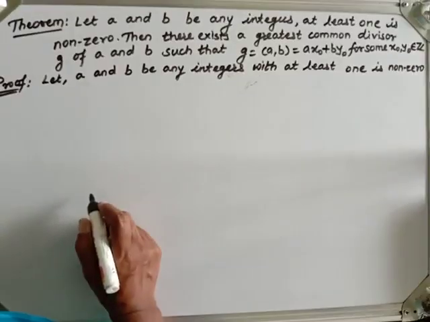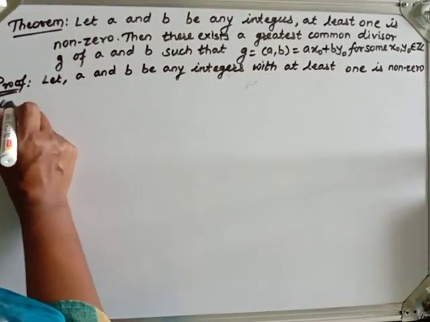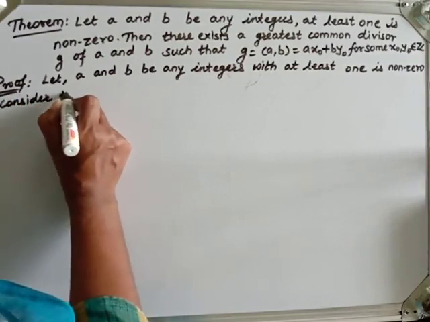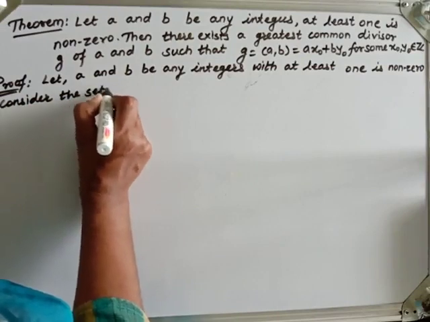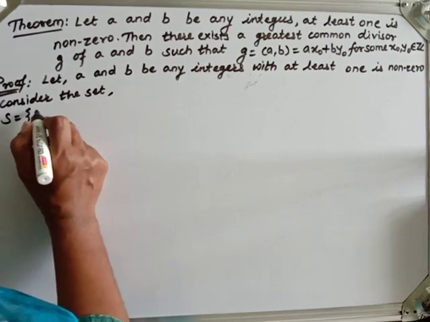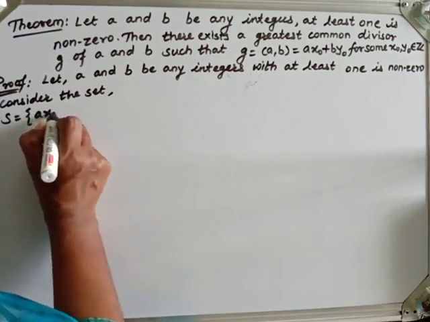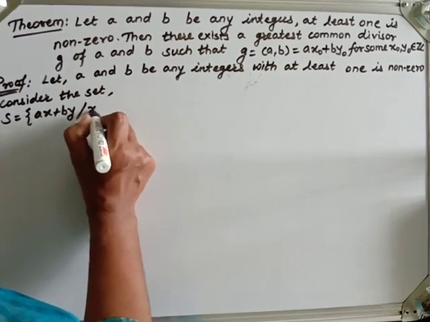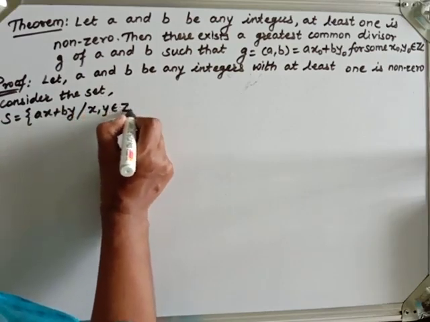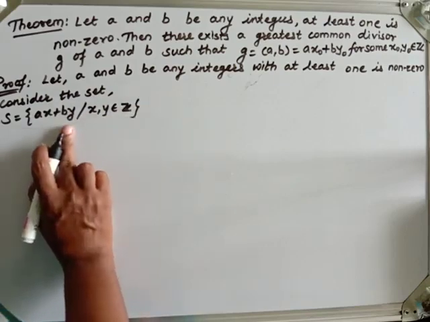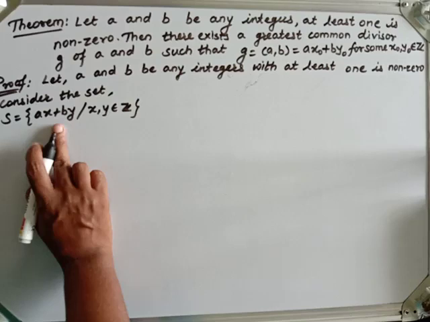Now consider the set S, which is the set of all AX plus BY such that x, y belong to Z. Now clearly this S consists of some positive integers, negative integers, and also 0.